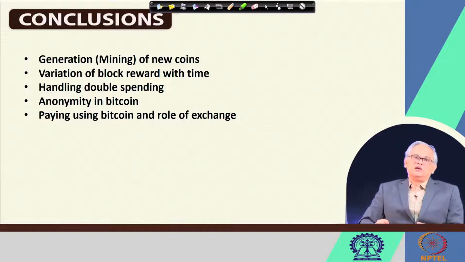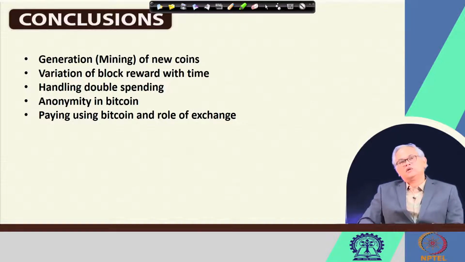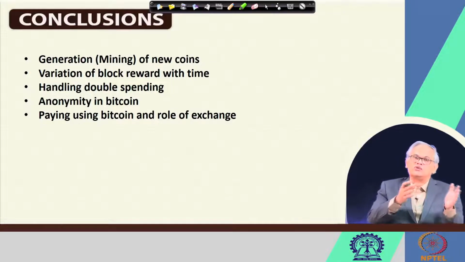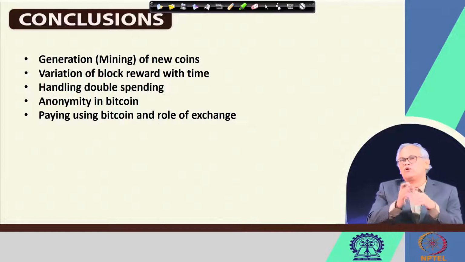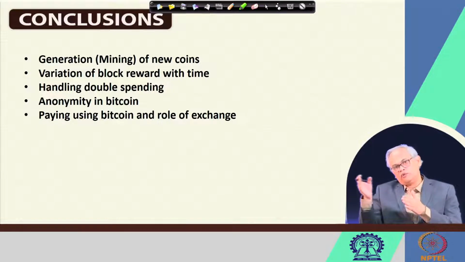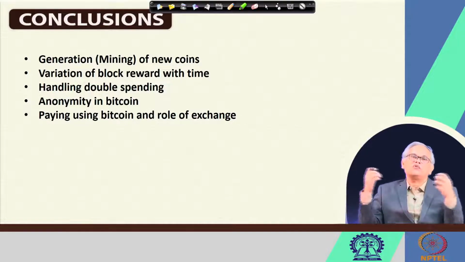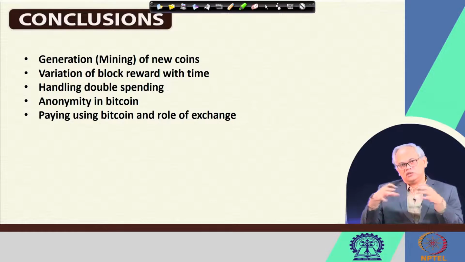Specifically, we discussed Bitcoin in these lectures on blockchain elements. To conclude today's lecture, we have understood the interesting concepts of how new coins are generated or mined as block rewards, how you started with 50 Bitcoins for block number 0, and how everything has been designed so that over a period of time the difficulty level is adjusted, and based on that the reward is also adjusted, so that there is not an inflow of a very large number of Bitcoins in circulation.